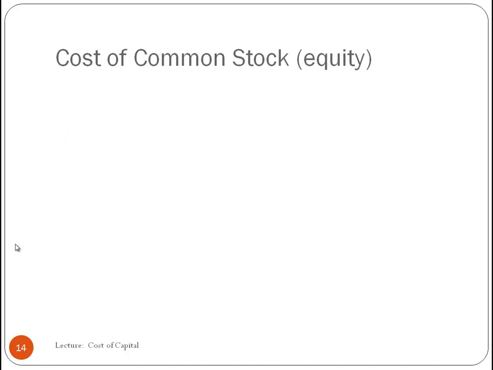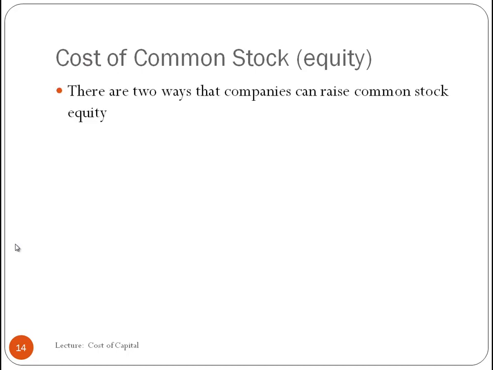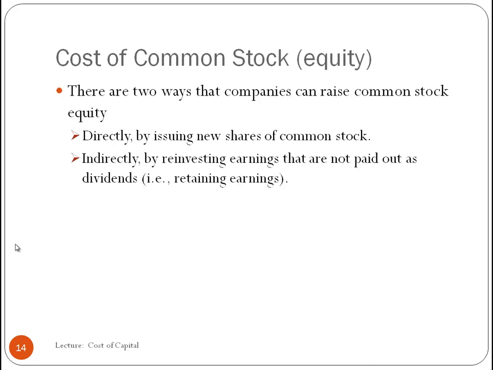Alright, so now let's move on to our third capital component, which is common stock equity. Now there are two ways that we can think of raising common stock. One is we issue new common stock, just like we issued bonds or preferred stock. We can think of that as the direct way. More indirectly and more commonly, companies have retained earnings. They earn a profit. They keep some of that profit internally.